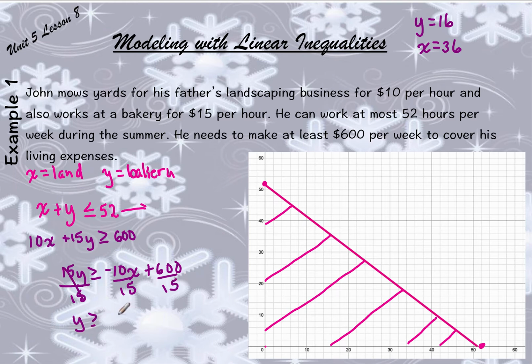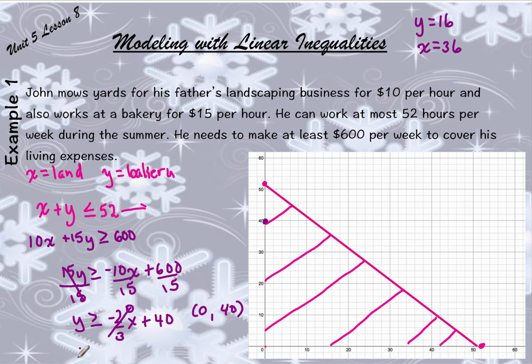Y is greater than or equal to negative 2/3 x plus 600 divided by 15 is not hard, it's 40. All right, my y-intercept is 40, because if I put a 0 in for x, the y value ends up being 40, and I'm going to use that y-intercept and x-intercept theory again.